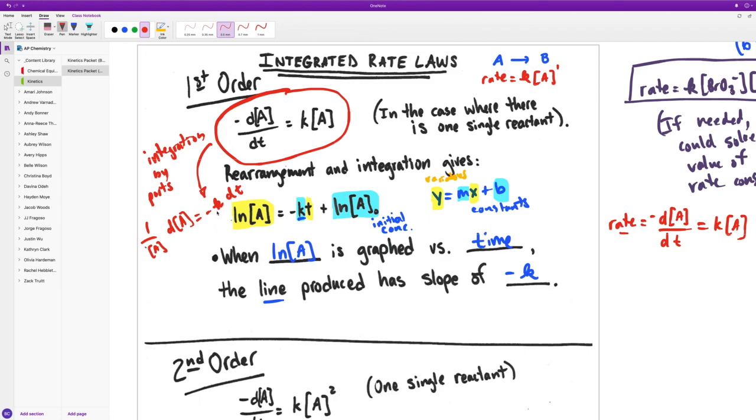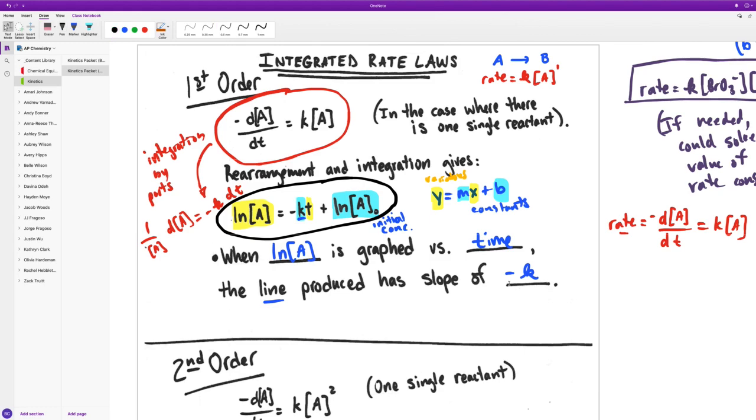And that gives you negative kt. Anyway, so this is the equation of a line, and so there is a connection between a first order reaction and its differential rate law and this thing called the integrated rate law.